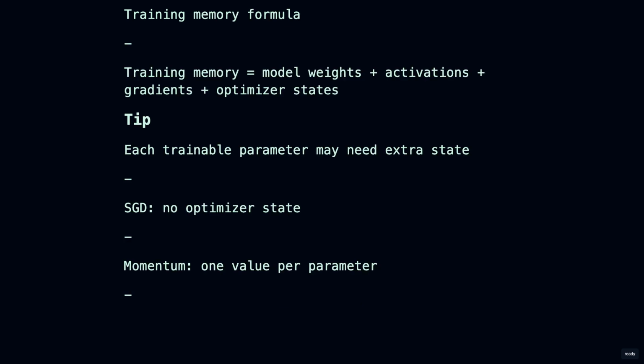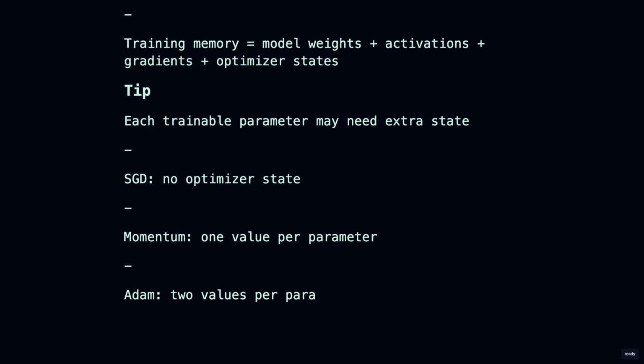Now we move to the most common heavier optimizer. This one keeps two state values per parameter. Adam stores two optimizer values for every trainable parameter, combined with the gradient.